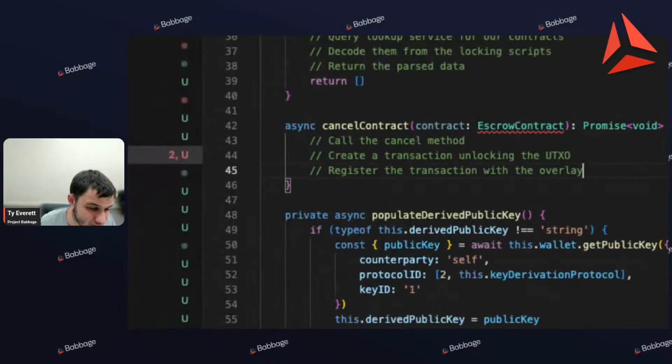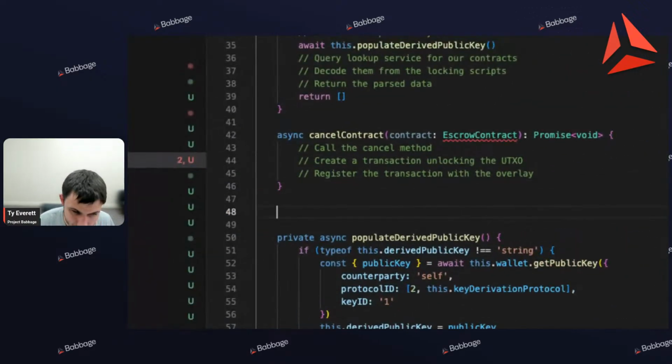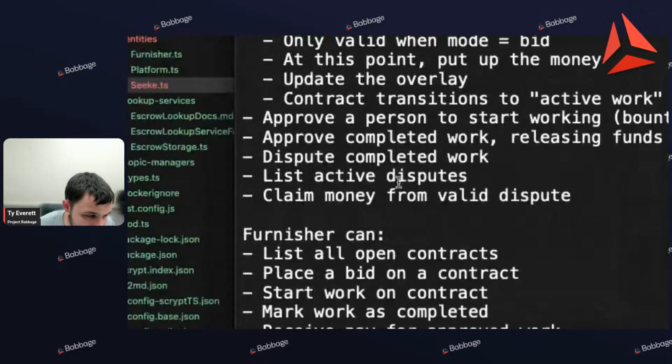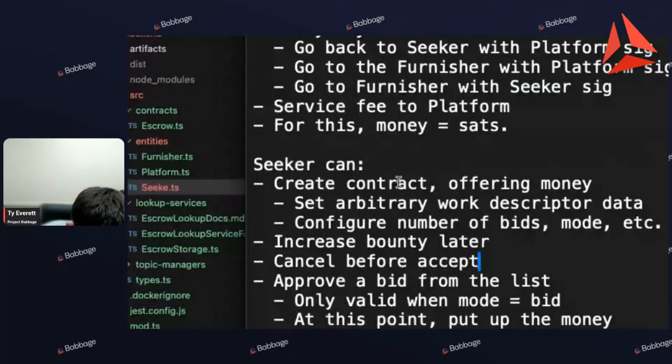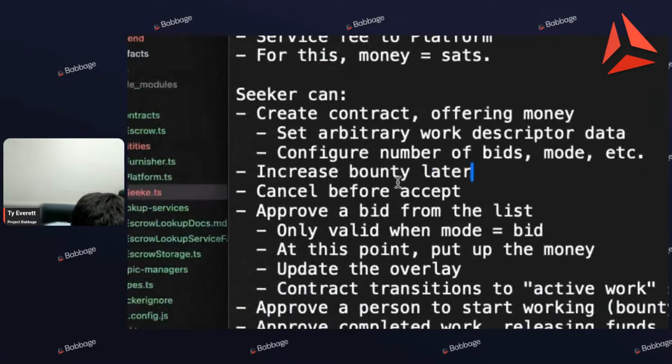Okay. Just pseudocoding some of these things, starting to introduce some code that is reasonable.